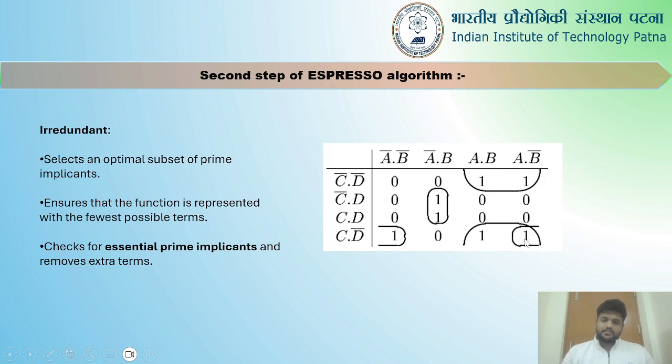This is redundant, so our motive is to reduce that to reach the optimal setting, and our only goal is to keep the essential prime implicants and remove extra terms.